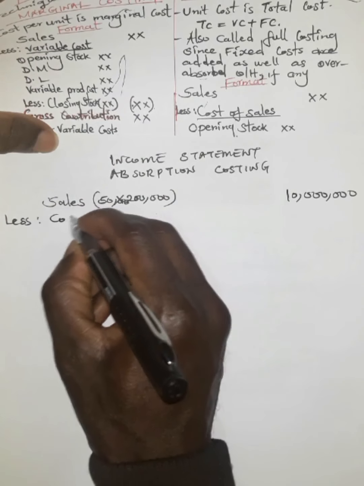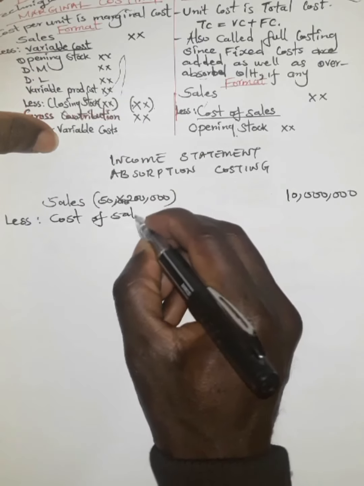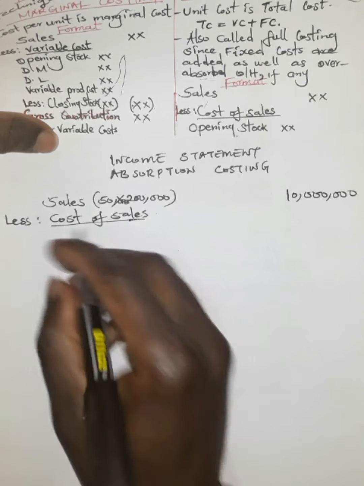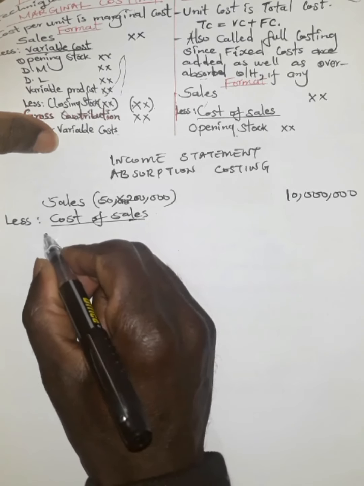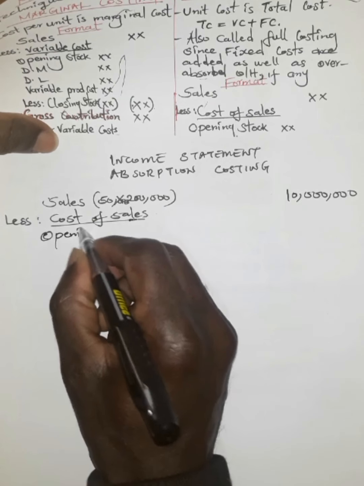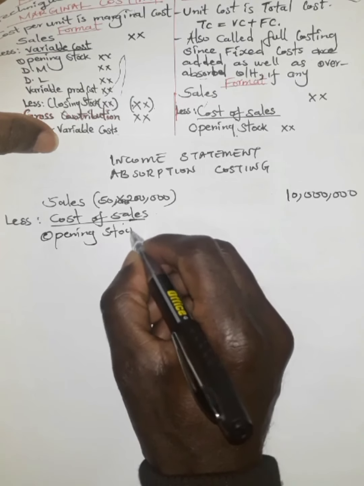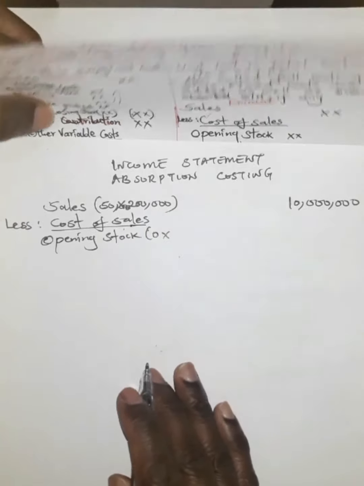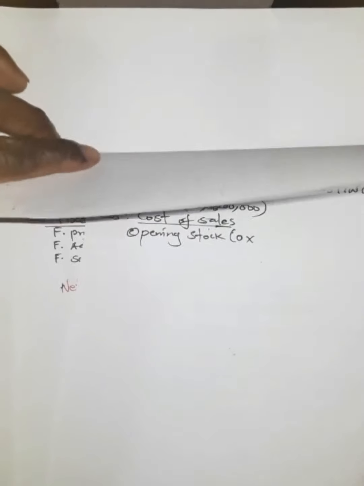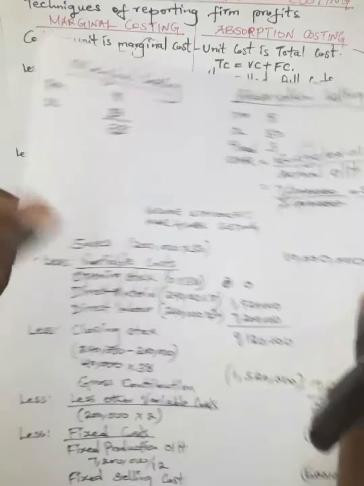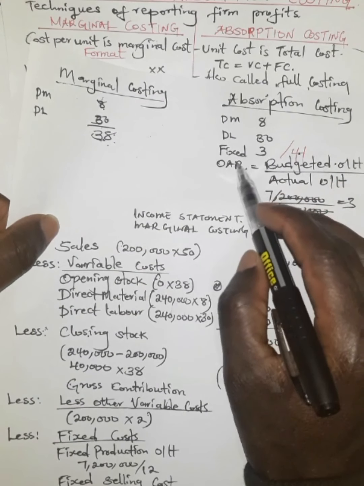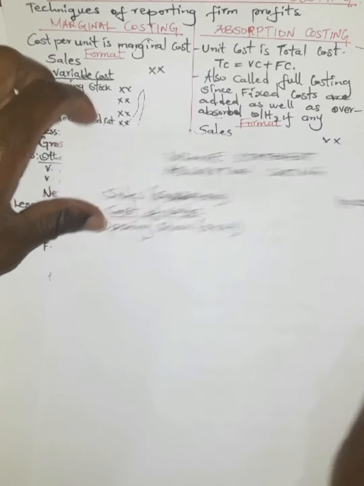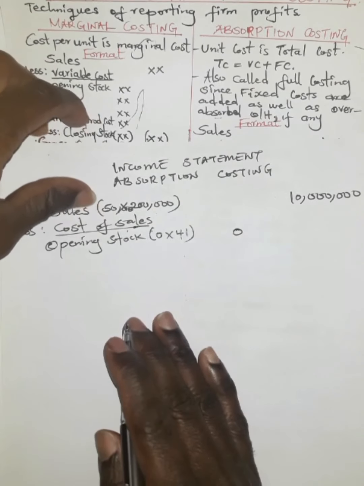Cost of sales is a component of opening stock, which was 0, and we multiply by the standard unit we computed for absorption costing as 41 after getting the overhead absorption rate. So we use 41 instead, and we get a value of 0, of course.